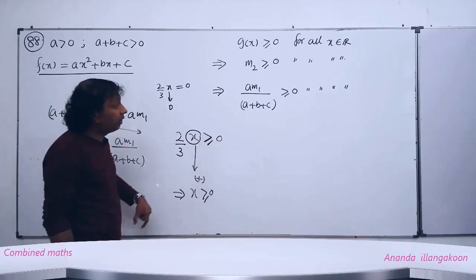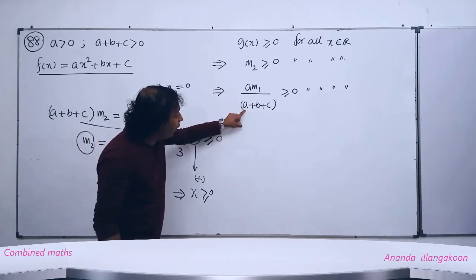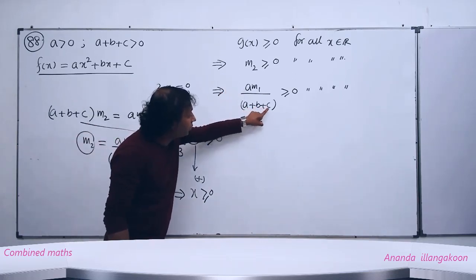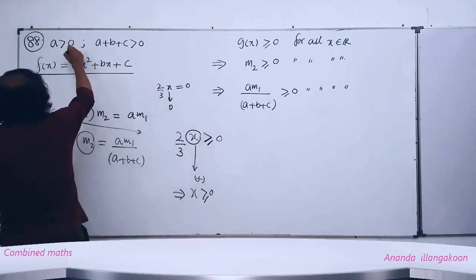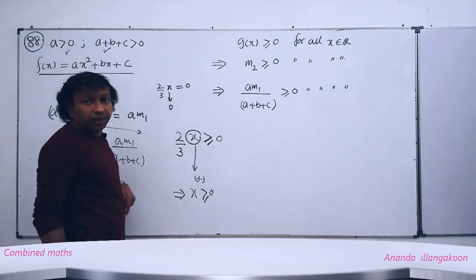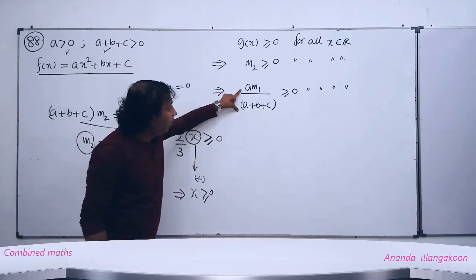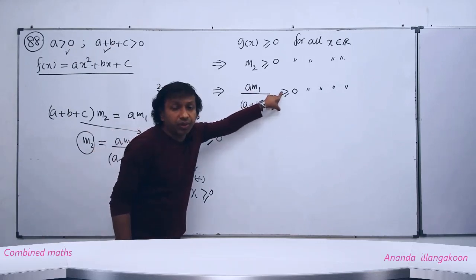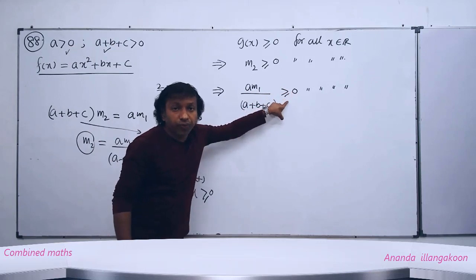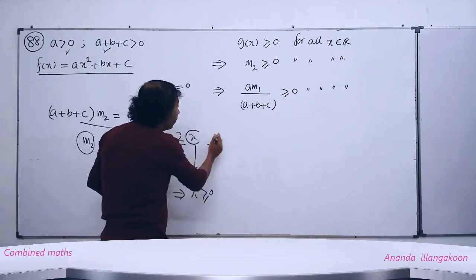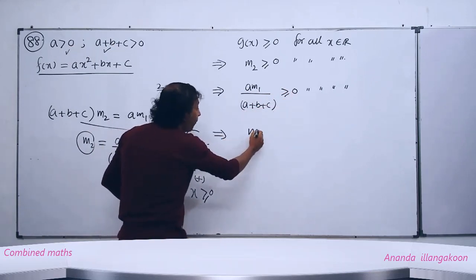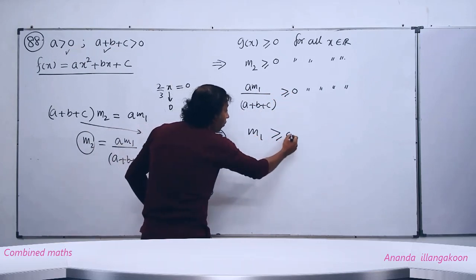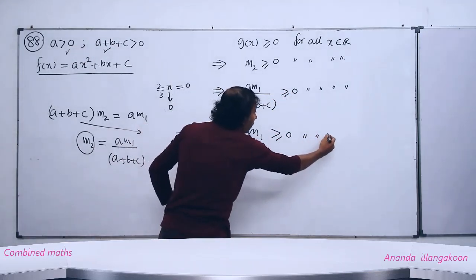Like that, here a and a plus b plus c are both positive. Then once you multiply that by m1, the condition required is that it should be positive or equal to 0. For this, definitely m1 is greater than or equal to 0 for all real values of x.